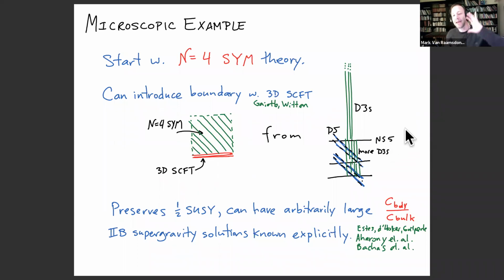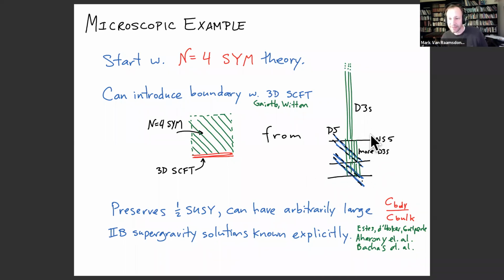And we can imagine that these D3 branes are ending on some other branes. Specifically, if we have D5 branes in some directions and NS5 branes in some directions, and then the D3 branes end on those, then that is a supersymmetric configuration.